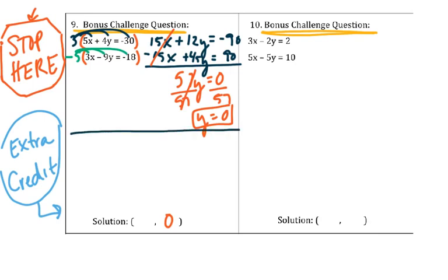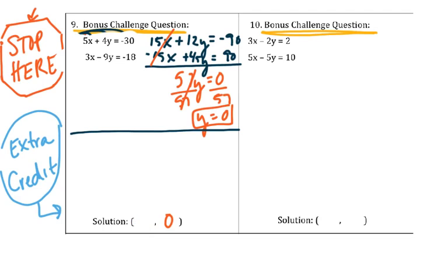So as always, once we solved for one letter, we now need to solve for the other. We can use any of the equations to solve for x. I'm going to erase this so it doesn't get in our way. These numbers are smaller, so I'd prefer to use these numbers to solve for x.